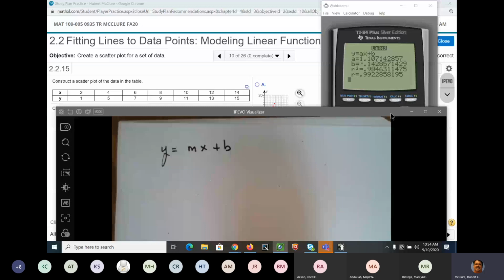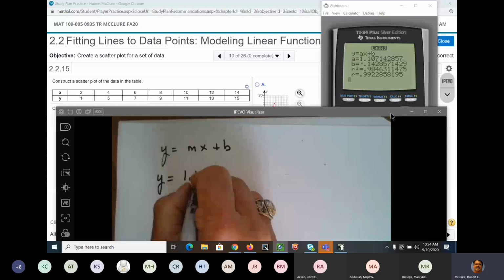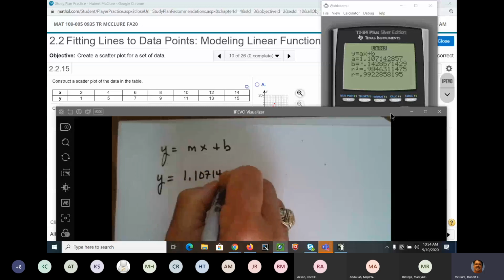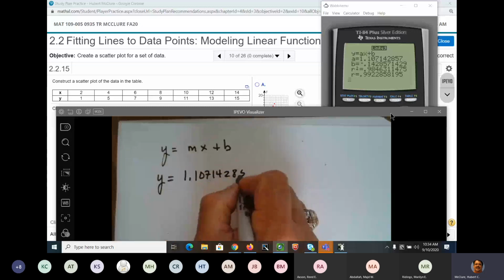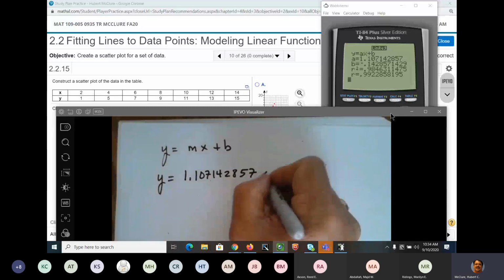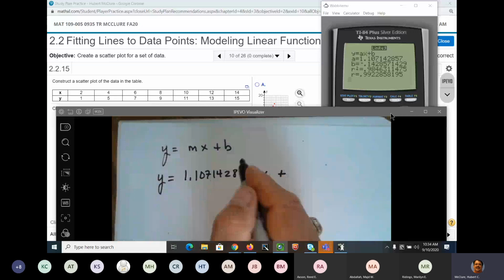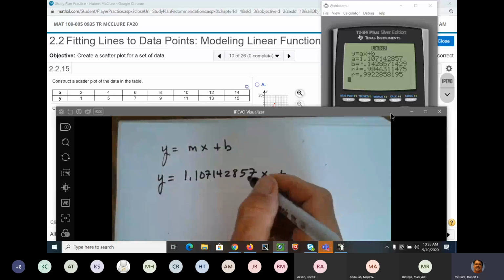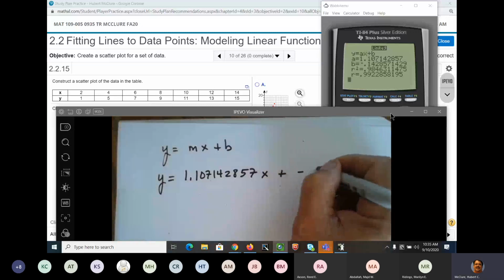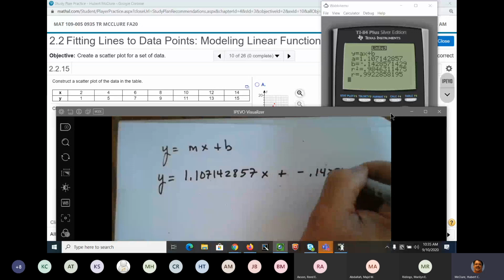And a is m, so that's going to be y equals 1.107142857x plus, it gives you b, negative 0.1428571429.